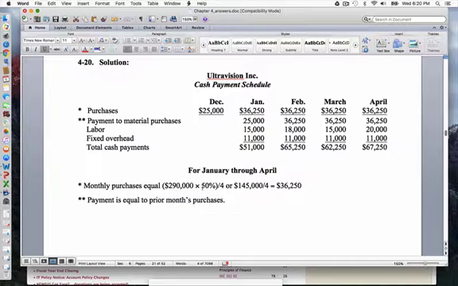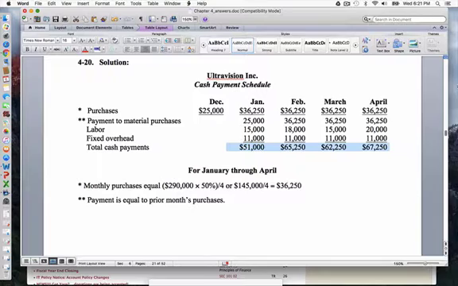So 50% is going to come up with 36,250 for the month, because that is what the problem says. Labor, that schedule is given, and fixed overhead is given again. So we are going to calculate a total. We consider these numbers here for payments: material, labor, and overhead. And this is the schedule of payment total.